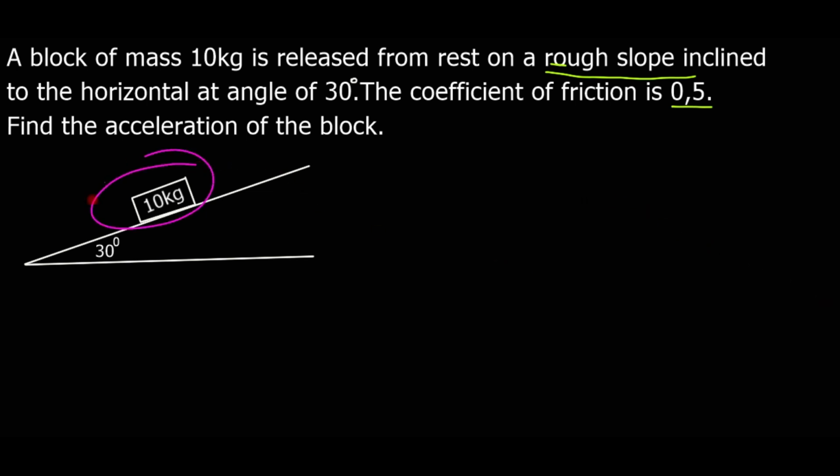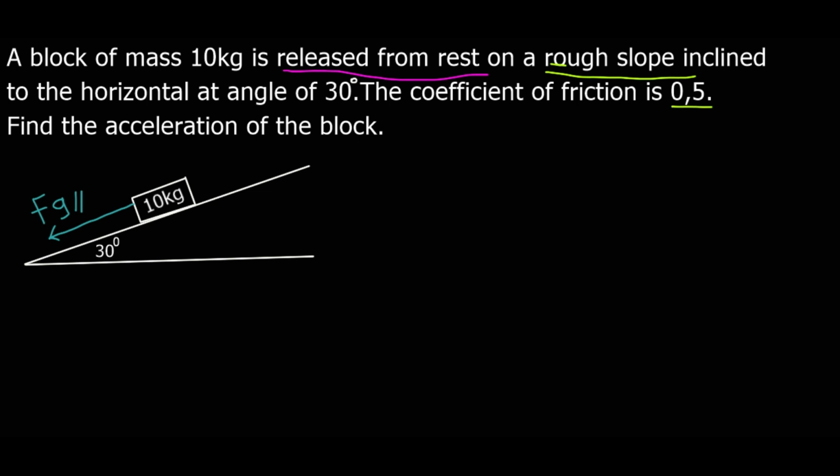Here the block is sliding down. This is because it is released from rest, and the moment it is released from rest, there is no force applied. So this object is sliding, and this is due to this Fg parallel.